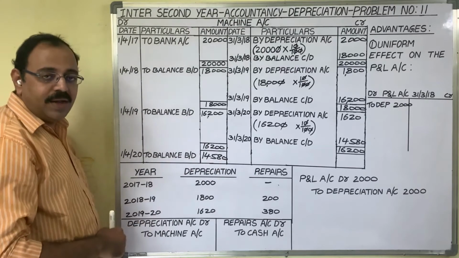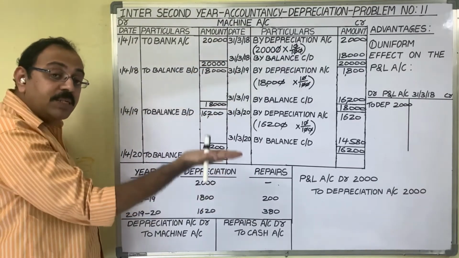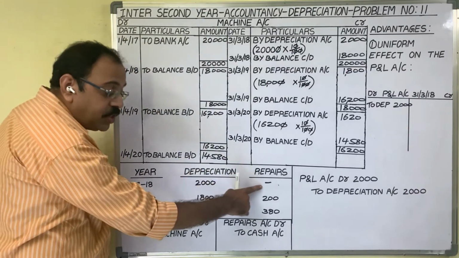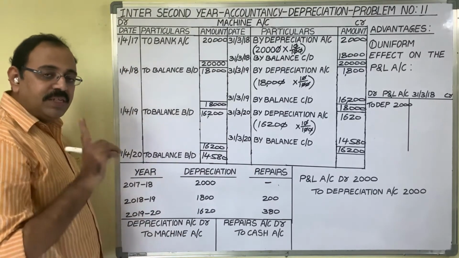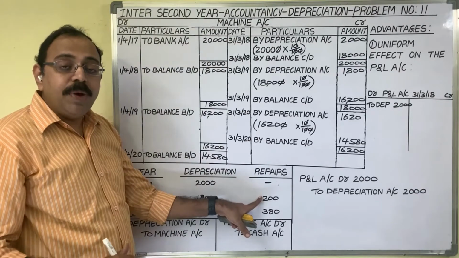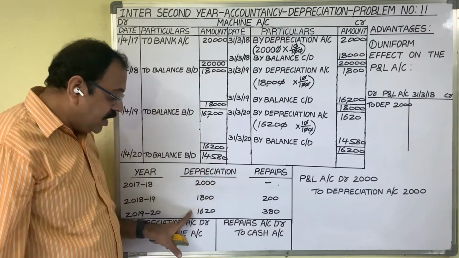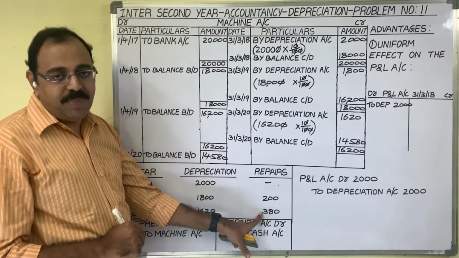On the other hand, when the asset becomes older, repair expenditure increases. In first year, as the asset is new, there is no repair expenditure. But in second year, as the asset became older, the firm spent 200 rupees towards repairs. In third year, the firm spent 380 rupees for repairs.